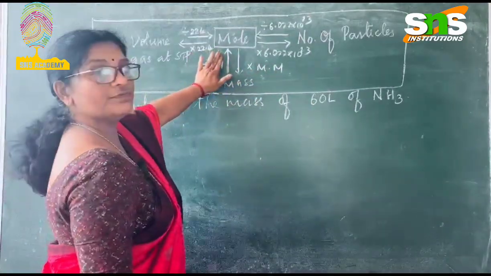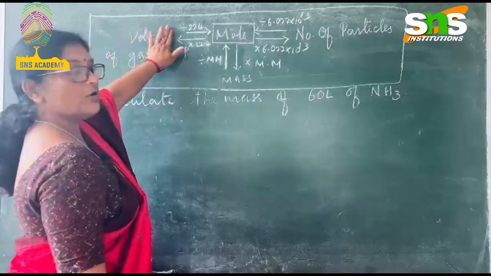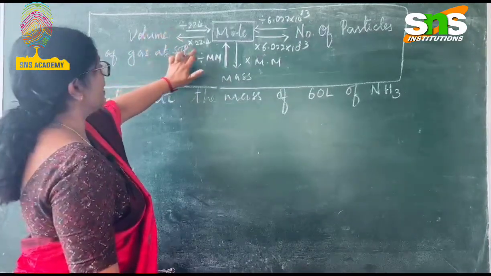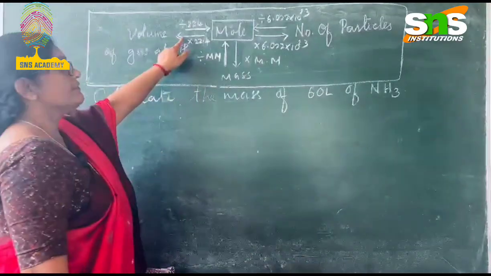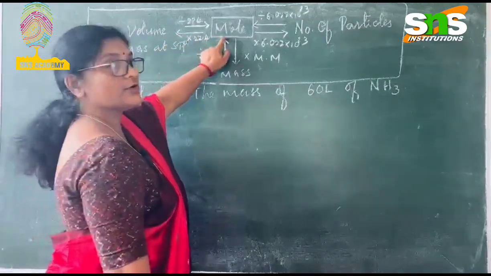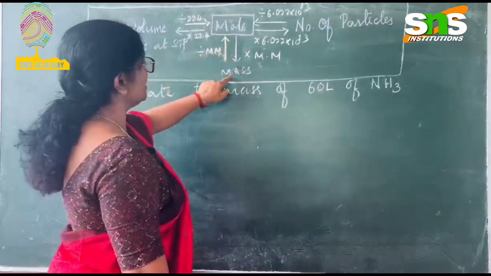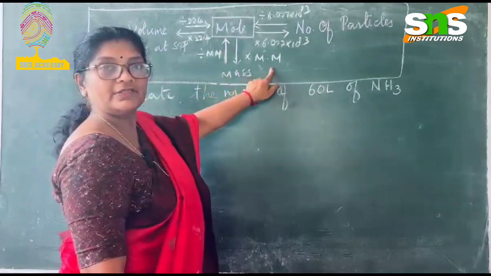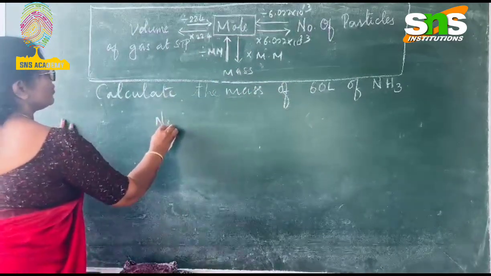See, 1 mole of the substance, if volume is given, it is volume of given gas divided by 22.4. So the volume given here is 60 liter, divided by 22.4 gives us the number of moles, and then the moles obtained can be converted to mass by multiplying with molar mass. So let us now calculate the number of moles of ammonia.